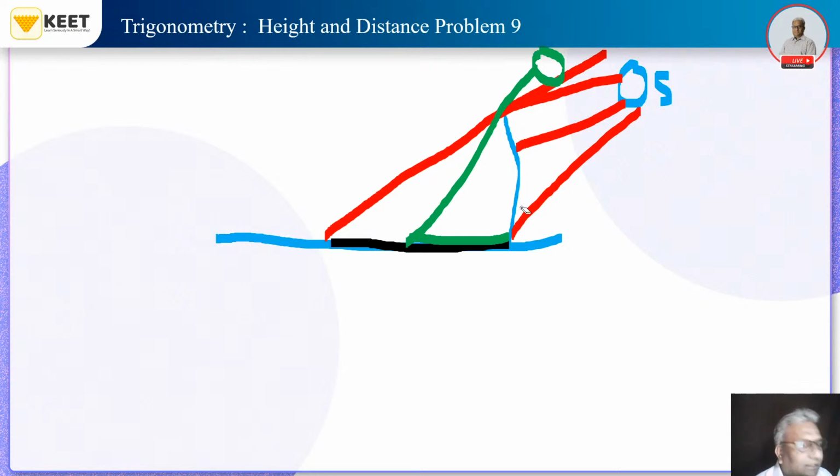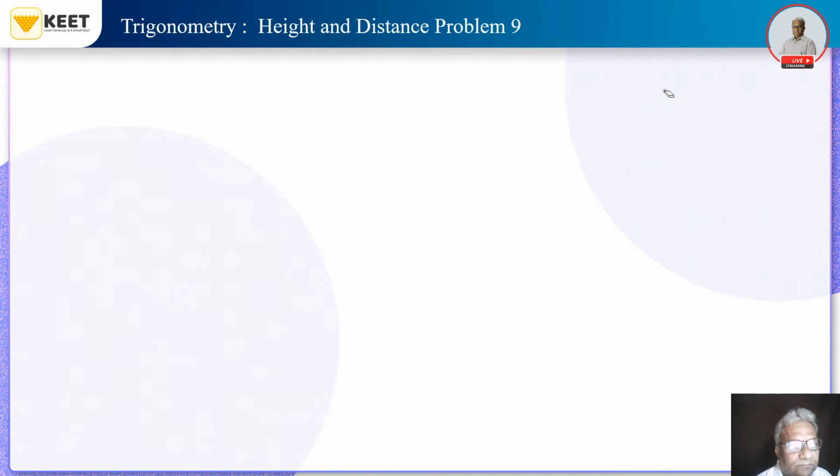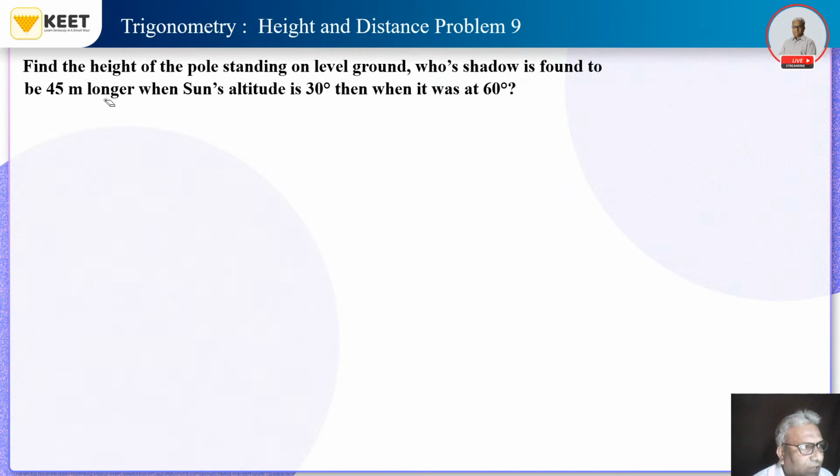I will erase these things. Okay, so let's begin with the problem. Find the height of the pole standing on the level ground whose shadow is found to be 45 meters longer. This word is very important.